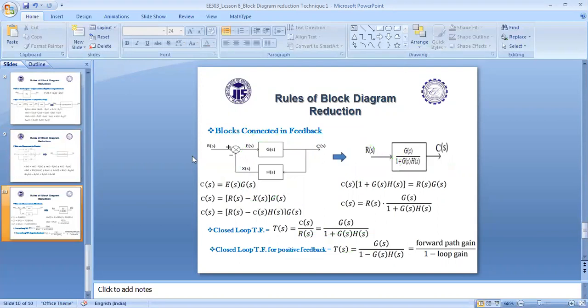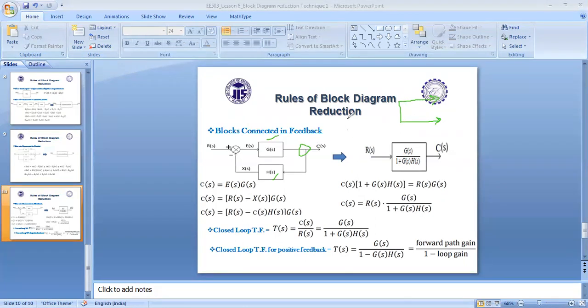Now let us move to the last slide, that is, if blocks are connected in feedback. See here also, for Gs and Hs, the starting point of Gs is the summer and the ending point is this takeoff point. For Hs, the starting and ending point is the same. But what happens for parallel connection, all the signals will be acting in the same direction from input to output.